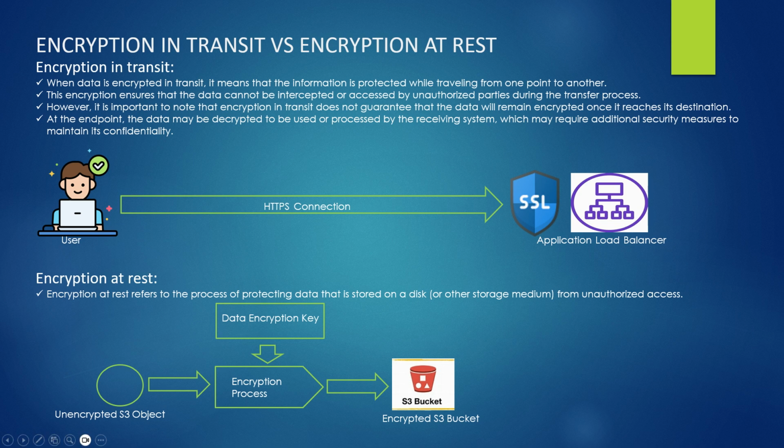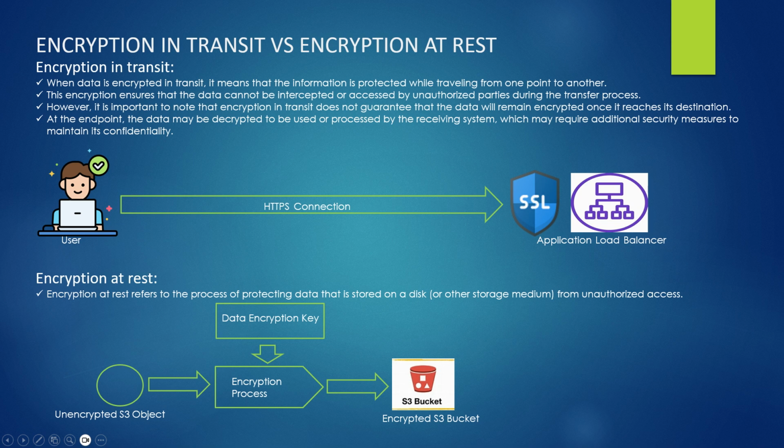At the end point, the data may be decrypted to be used or processed by the receiving system, which may require additional security measures to maintain its confidentiality. So encryption in transit is just responsible for data which is traveling, or being transferred. It does not guarantee the data will remain encrypted when it is stored. For that, we need to consider the second part, that is encryption at rest.